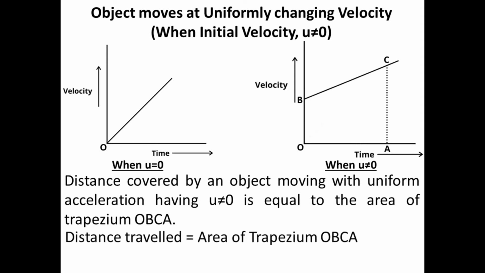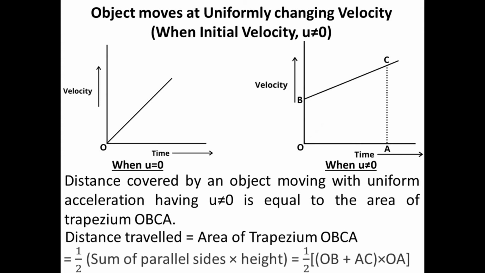Thus, distance travelled is equal to area of trapezium OBCA, which is equal to half of sum of parallel sides multiplied by height. Parallel sides are OB and AC, and the height, that is perpendicular distance between the parallel sides, is OA.